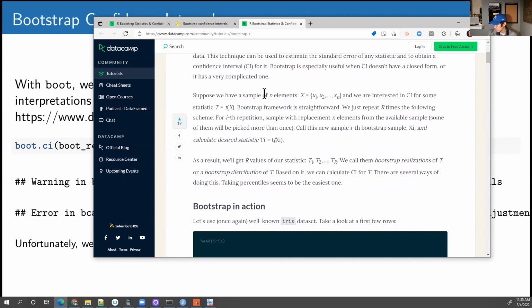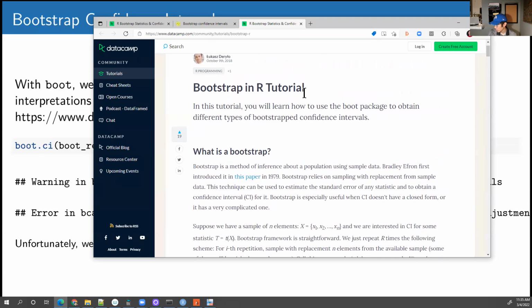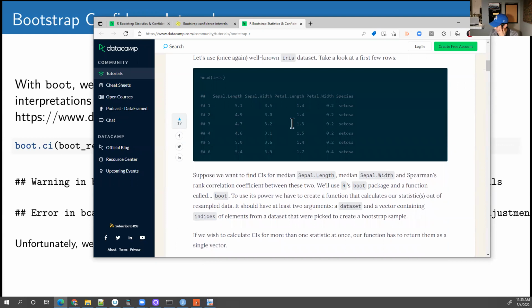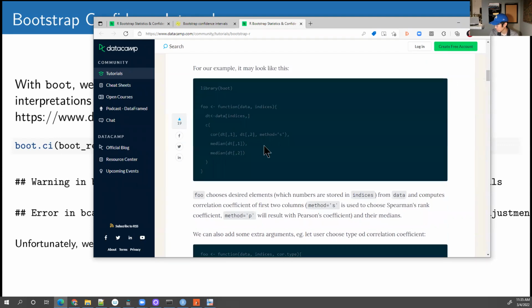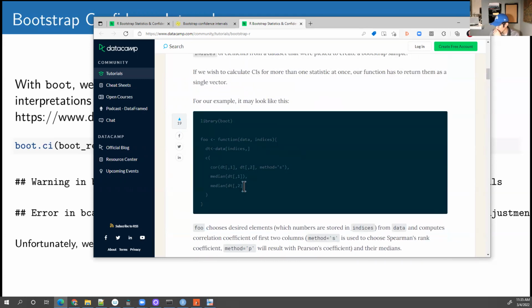This talks a little more about using bootstrap in R, and they also do it using the iris data frame. The function they're writing calculates the correlation along with the median of the first 2 variables.